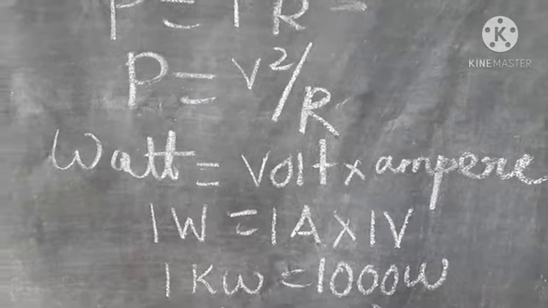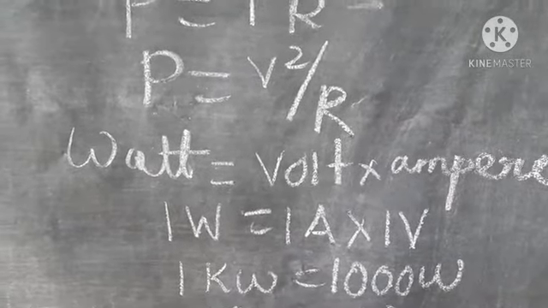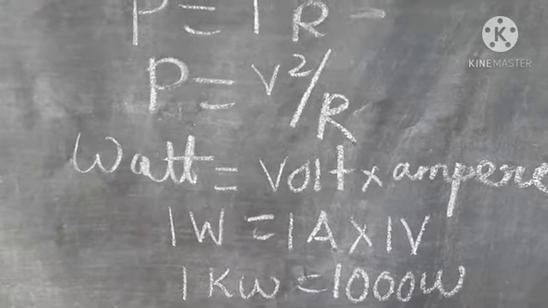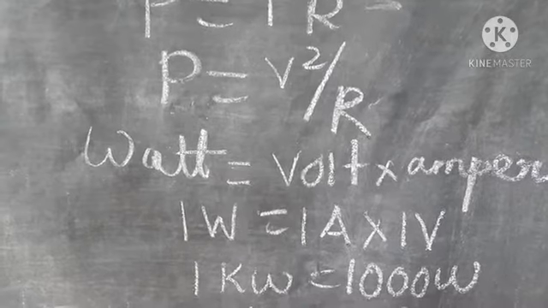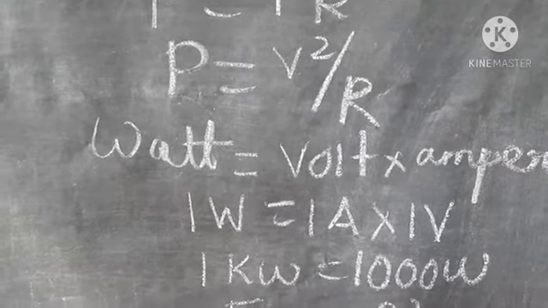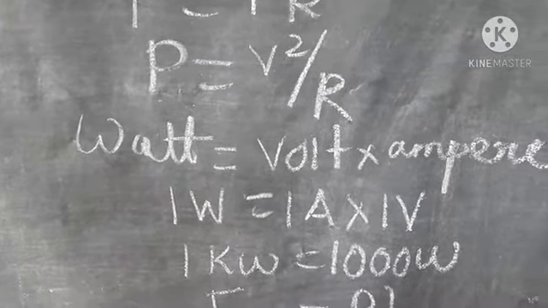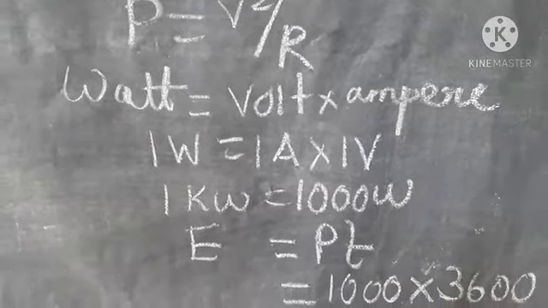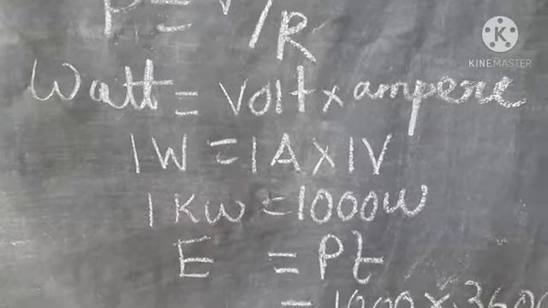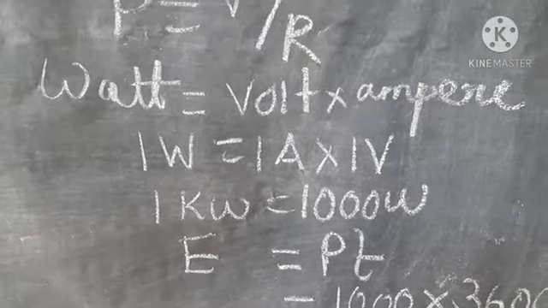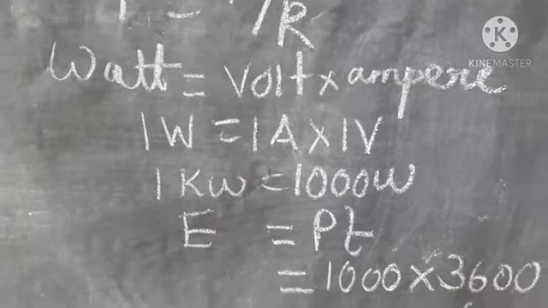So, 1 watt is the power consumed by a device that carries 1 ampere of current when operated at a potential difference of 1 volt. Okay, dear ones, watt is a small unit, so it is converted into kilowatt. So, 1 kilowatt is equal to 1000 watt.